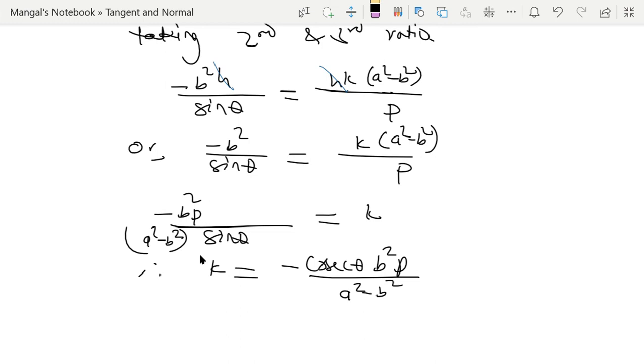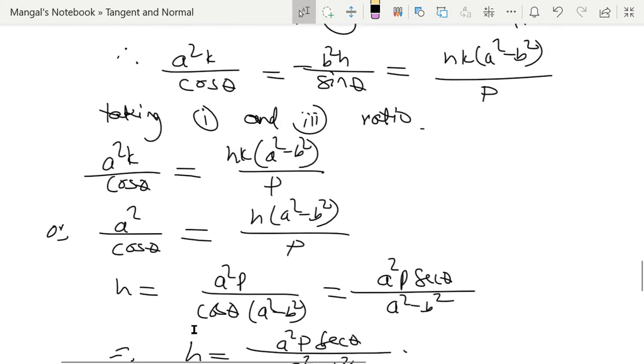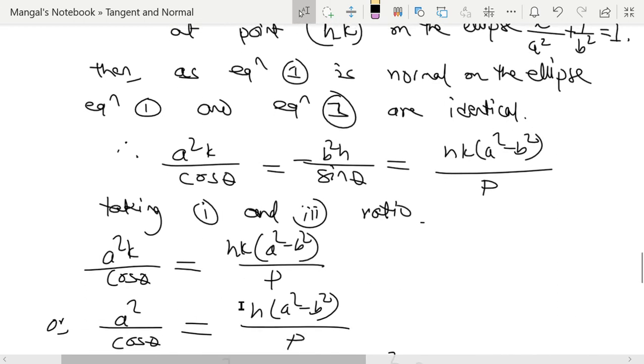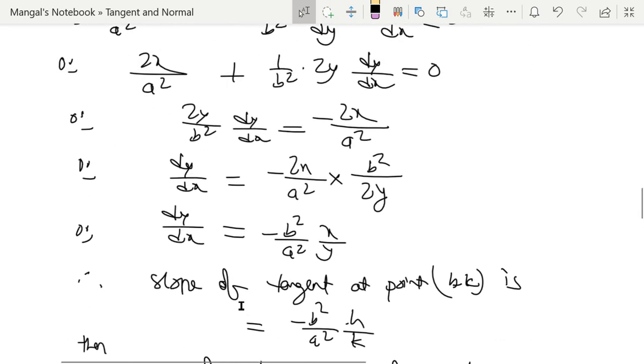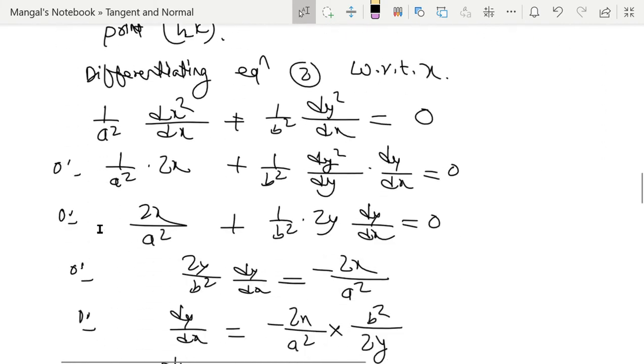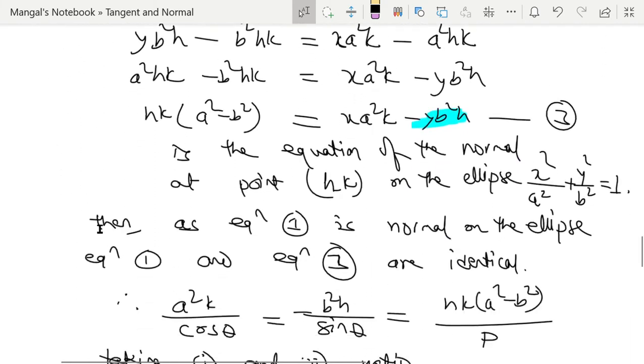Now after finding the values of h and k, we keep these values in the equation of the ellipse, that is h square upon a square plus k square upon b square equal to 1. So that was equation 2, isn't it? So in 2, let's keep the value of x and y.